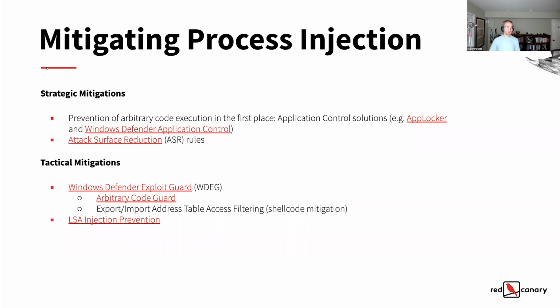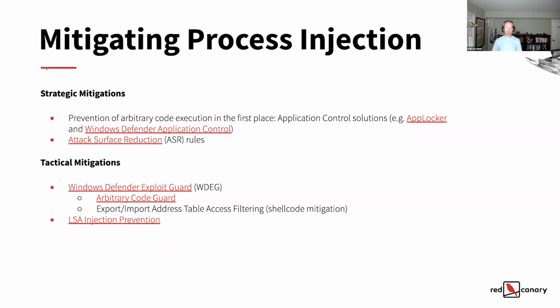Some more tactical mitigations that may apply a little more directly to process injection: there are a couple of mitigations included in Windows Defender Exploit Guard, which is now included in Windows 10. One such mitigation is arbitrary code guard, which can either alert on or prevent the allocation of executable pages at runtime. So that's worth investigating.